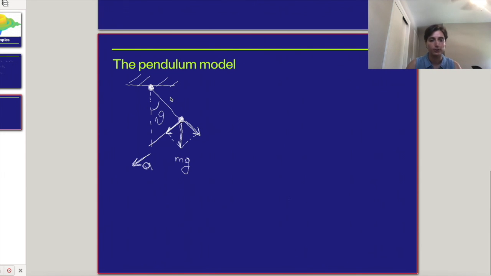So if you do a little bit of trigonometry, theta, the angle here, is also this angle here and this angle here. So this component here is mg times sine of theta. So the force that is applied to our pendulum is mg sine of theta. What we have is that this is equal to F, and we know by the law of motion that F equals m times a.